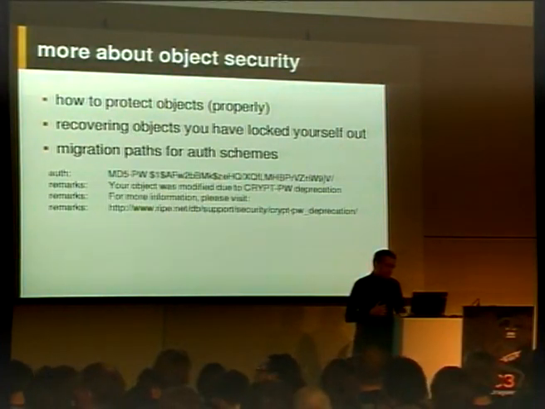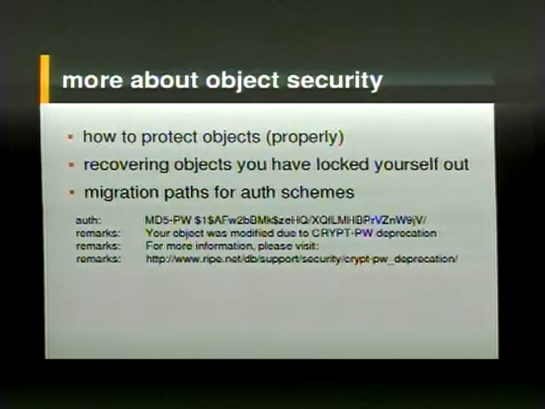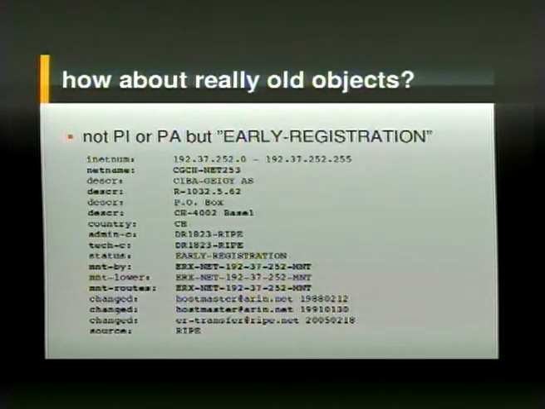They have deprecated insecure authentication schemes in the past and have done so automatically. So you received an email saying you had some insecurity going on with your resources, and have a look here at how to care for better protection.